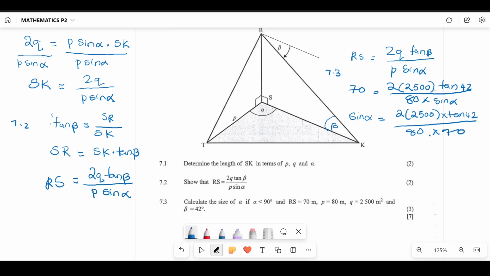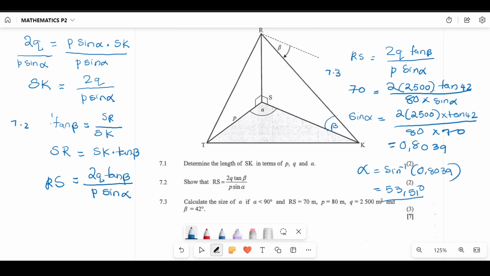Now put this in the calculator, which will give you 53.